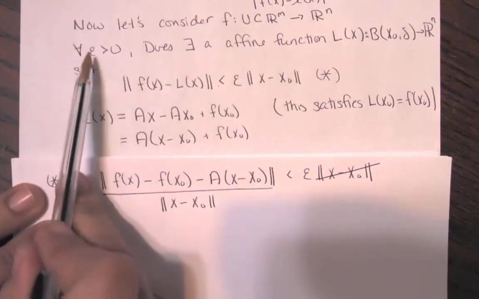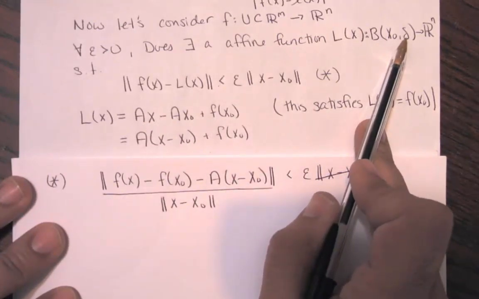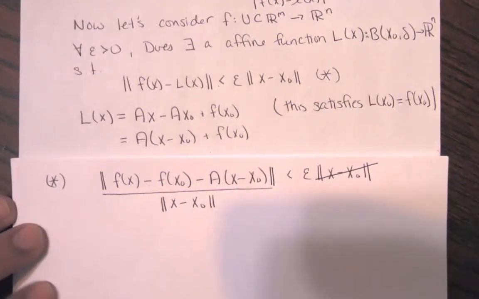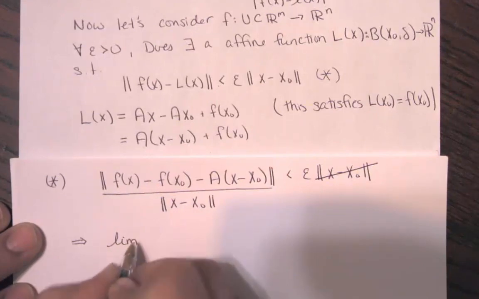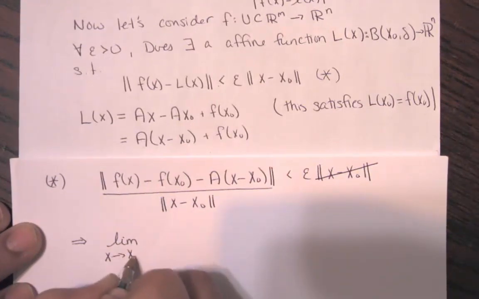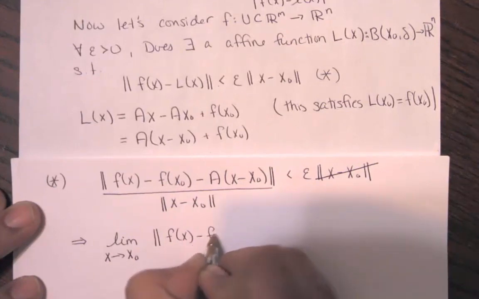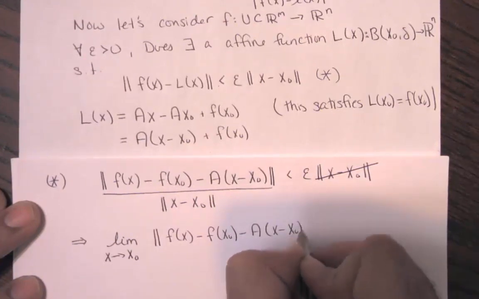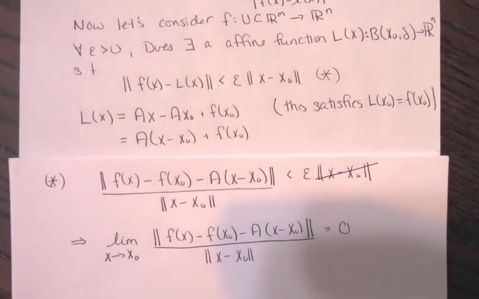And if, for any epsilon, my affine function maps everything within delta of x naught in a way that satisfies this condition, this implies the limit as x approaches x naught of the norm of f of x minus f of x naught minus A times x minus x naught, divided by the norm of x minus x naught, is equal to 0.